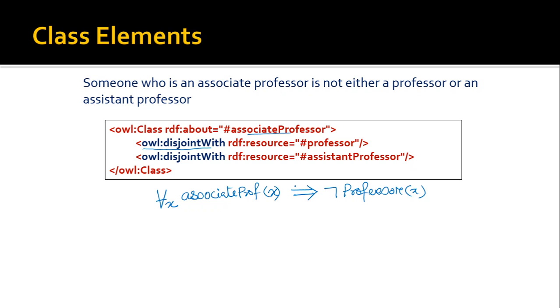And vice versa would also be true. And that's how we represent two classes to be disjoint. We can do that similarly for the relationship between the associate and the assistant, right? So here we represent the disjoint relationship, right?